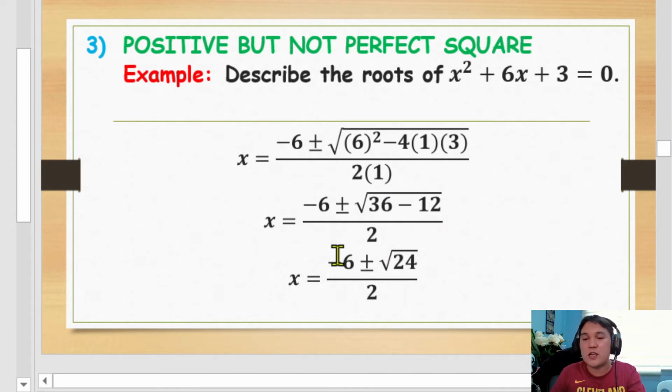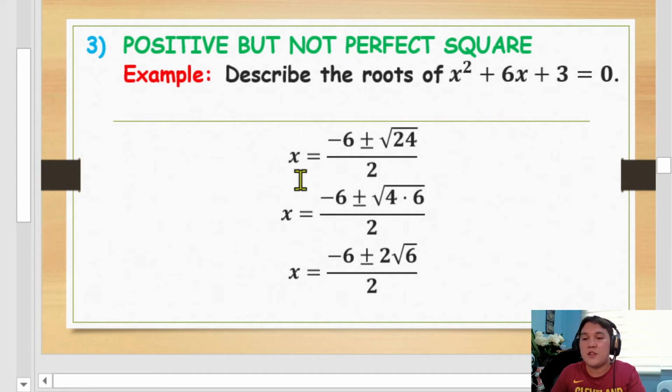So our new equation here is x is equal to negative 6 plus minus square root of 36 minus 12 all over 2. Next, we will perform subtraction inside the radical sign. 36 minus 12. So that gives us x is equal to negative 6 plus minus square root of 24 all over 2.